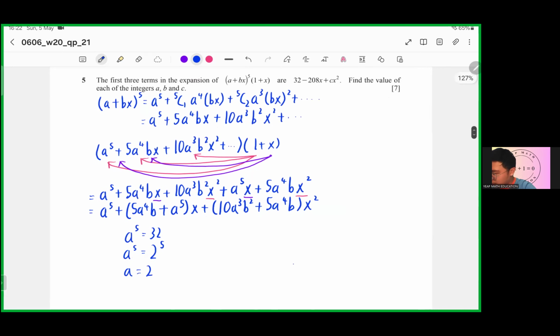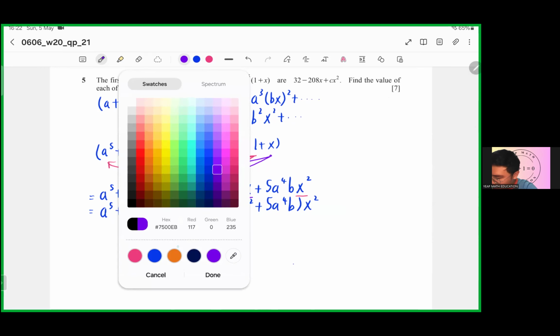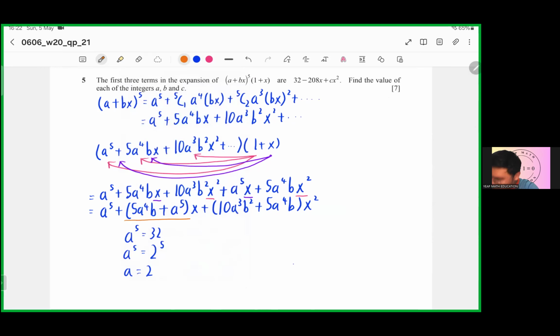Now we look at this part. 5a to the power 4 b plus a to the power 5 equals to negative 208. So we take 5 times 2 to the 4 times b, plus this 32, because it's the same.